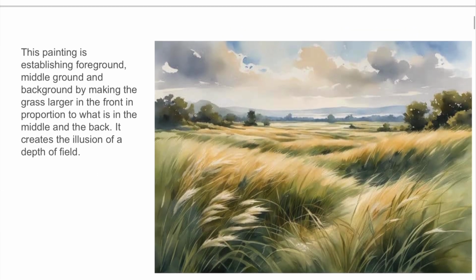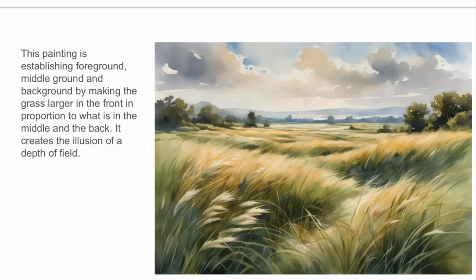But let's talk first about how proportion relates to how we perceive depth of field and distance and proximity. So this painting really demonstrates the proportions of the same subject matter. In the case of this painting, it's mostly that tall kind of wheatgrass look that we've got here. In the foreground, you can see that the stalks of grass are more well rendered. They're also bigger. And then as we get further away, they become smaller and less rendered.